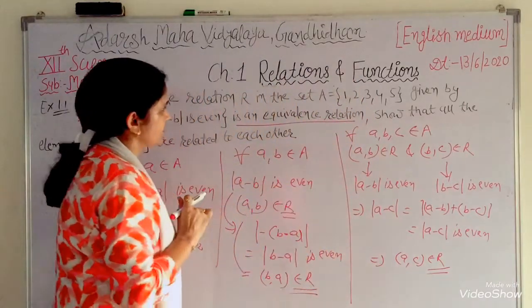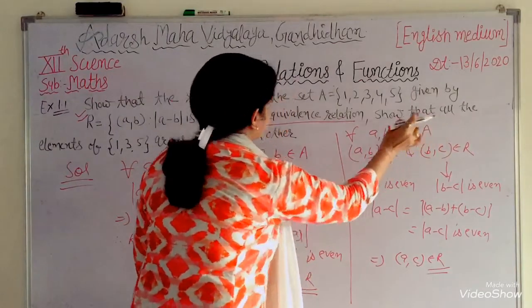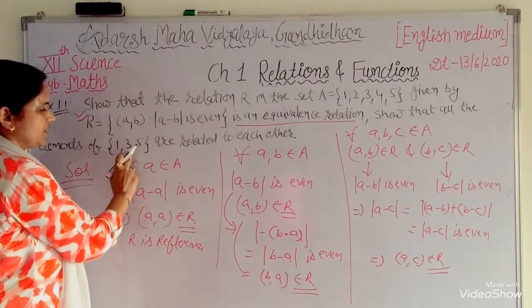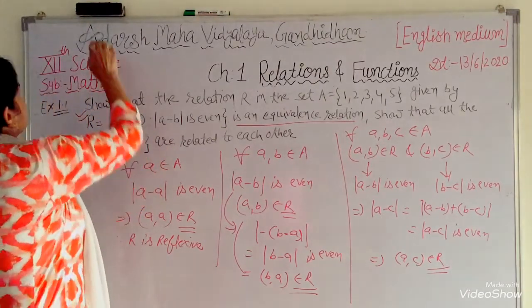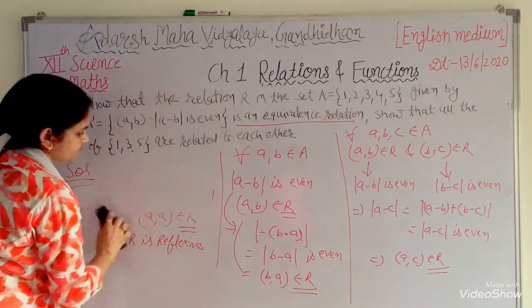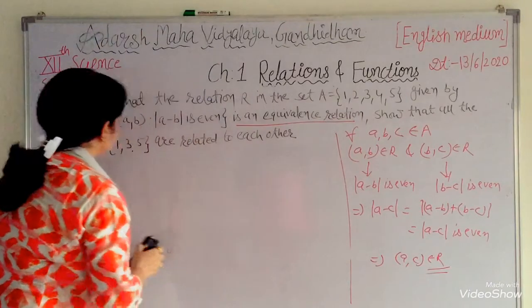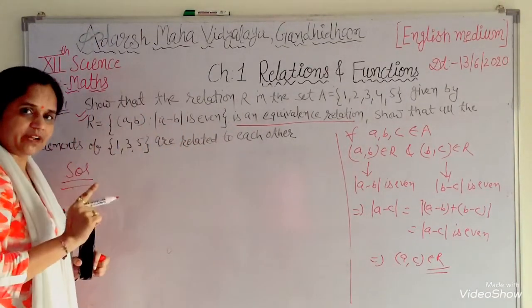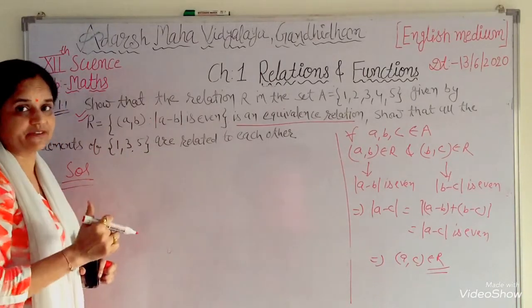Now, student, it is also given in the question to show that all the elements of {1, 3, 5} are related to each other. For this, student, everyone knows that the modulus of the difference of two odd numbers is always even.